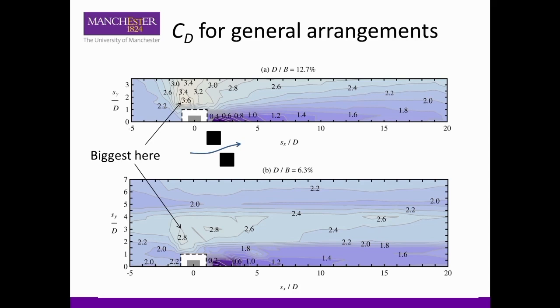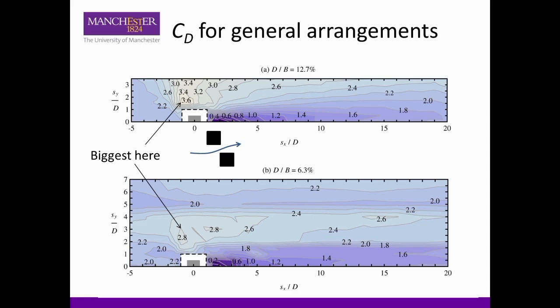Means the pressure is going to be really low at this point, which means you have perhaps an even lower pressure wake region behind this slightly upstream obstacle than you do behind the slightly downstream obstacle. So actually, it's this one here that experiences the highest drag. And you can see it's about 3.6 in this case and 2.8 in this case as the drag coefficient. So quite a bit bigger.